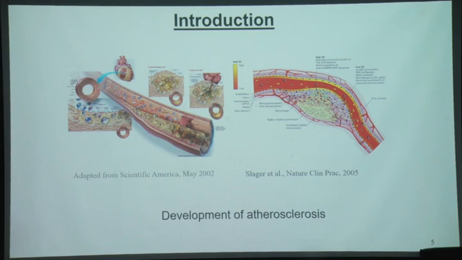So especially if the low-density lipoprotein or oxidized low-density lipoprotein, LDL, permeate between the endothelial cells and through the endothelium and accumulate in the subendothelial layers, these can accumulate and grow and make the wall thicker.